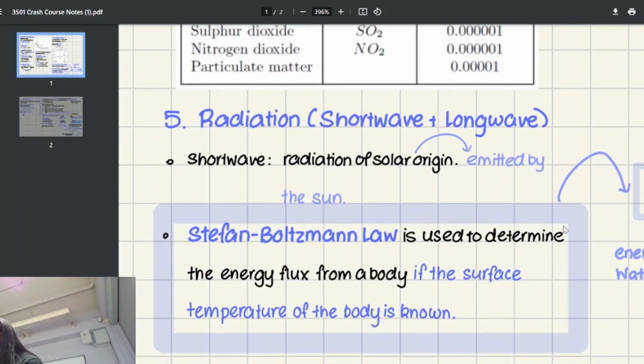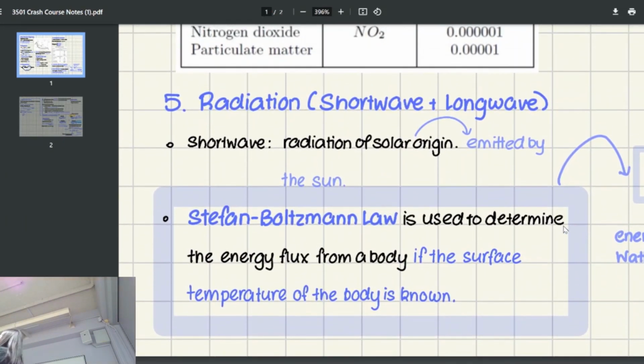Okay. So just a quick note on radiation. I mentioned before about shortwave radiation and longwave radiation. Basically shortwave radiation is of solar origin, which means it comes from the sun and it enters our atmosphere. And then longwave radiation is the radiation that is reflected back from our surface to the atmosphere again.